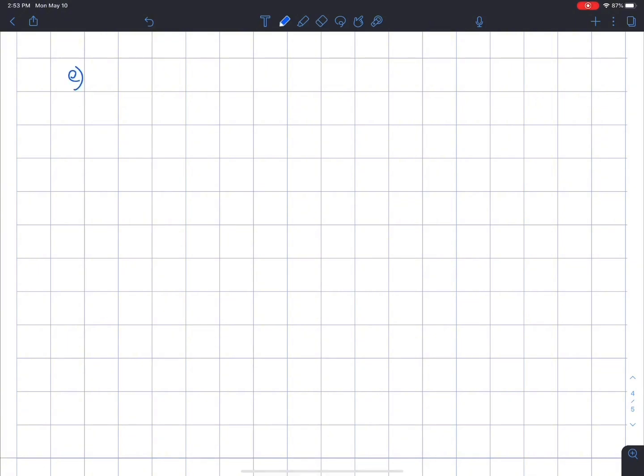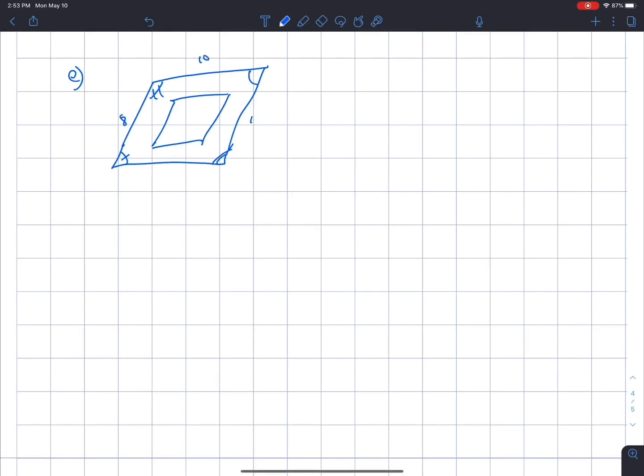Moving on to E. Okay, so this one they have drawn everything out for us already, so I can say that x over 8, those are the corresponding sides, the ratio between the corresponding sides, must equal 7 over 15.